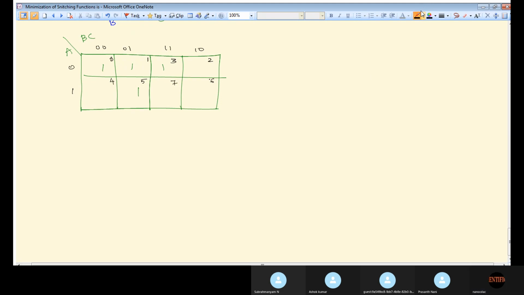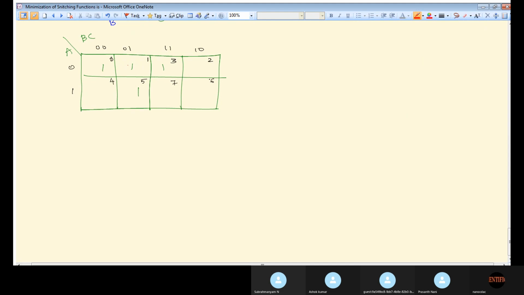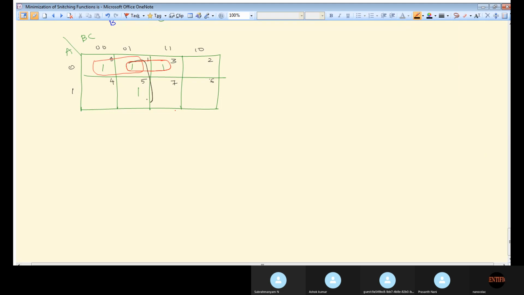How much time did you take? Earlier you told it quickly. So this is one: A bar B bar plus A bar C plus B bar C. What is the corresponding equation for this?